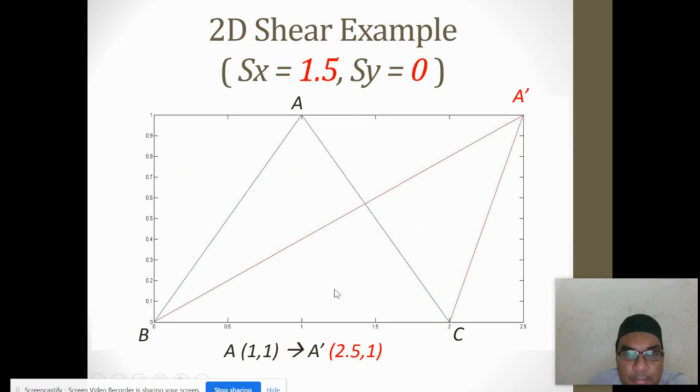This is for example. You have this matrix, this triangle, and the position of a is 1, 1.